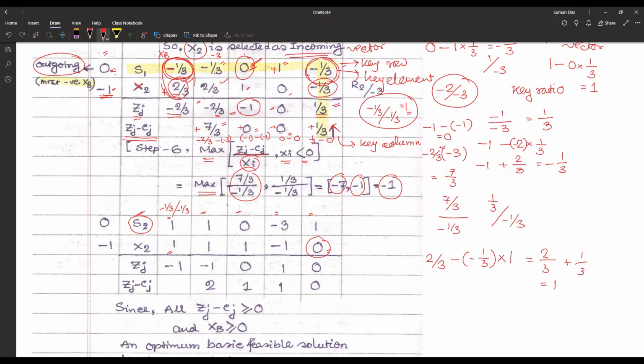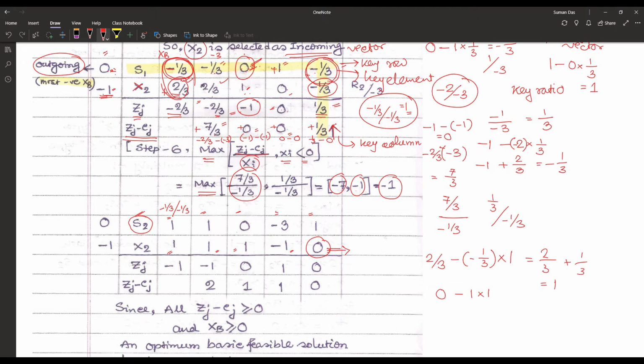Next one, the same thing, that is 1. Let's check for that one: 1 minus 0 into key ratio 1, so the result is 1. That one, 0 minus 1 into key ratio 1, result is minus 1, and obviously that one is 0.